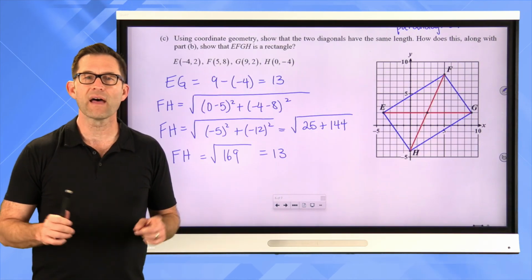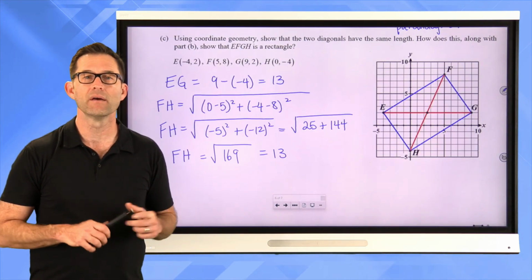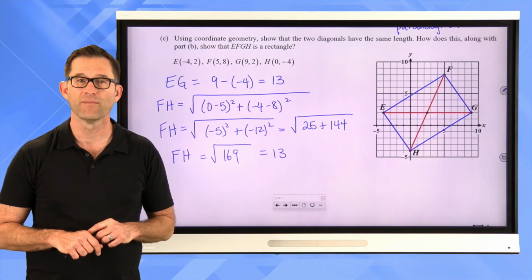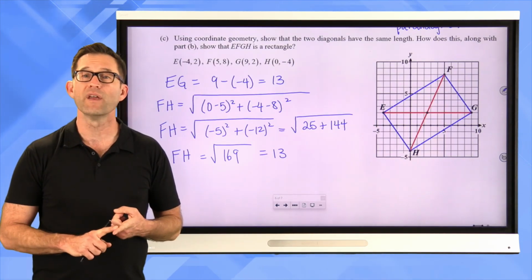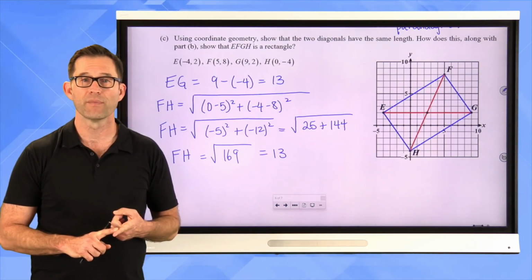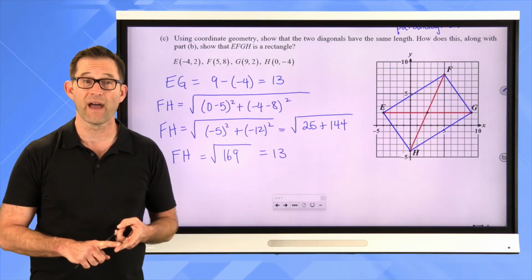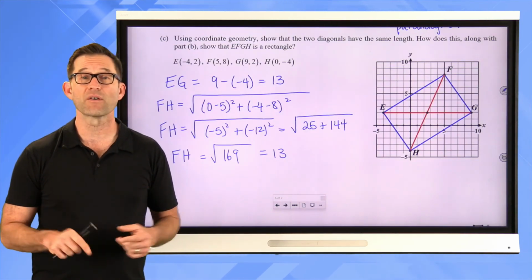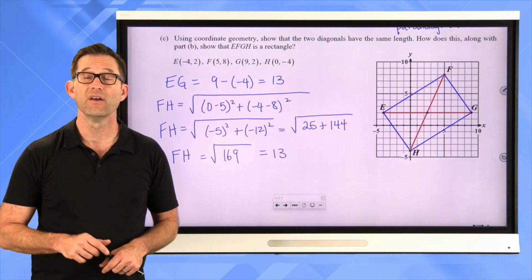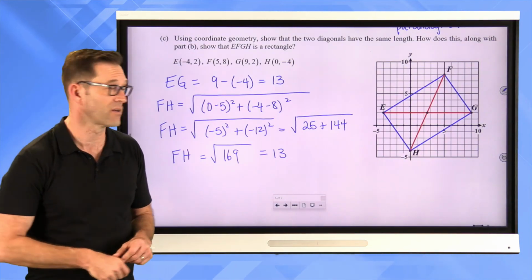Now, how does that then combine with letter B to prove that this is a rectangle? Well, letter B proved that EFGH was a parallelogram. Letter C proved that it was a parallelogram with equal length diagonals, and that was our first sufficient condition set to proving that something is a rectangle.